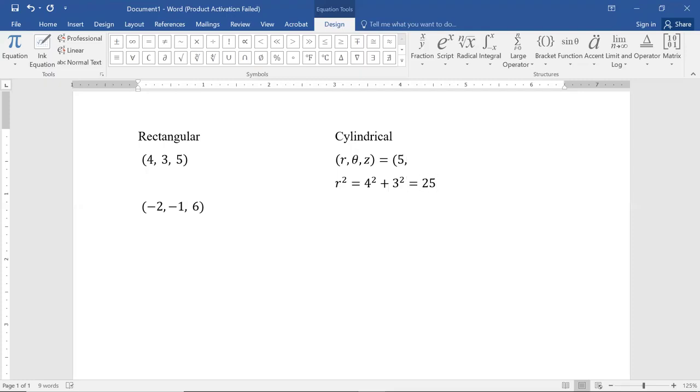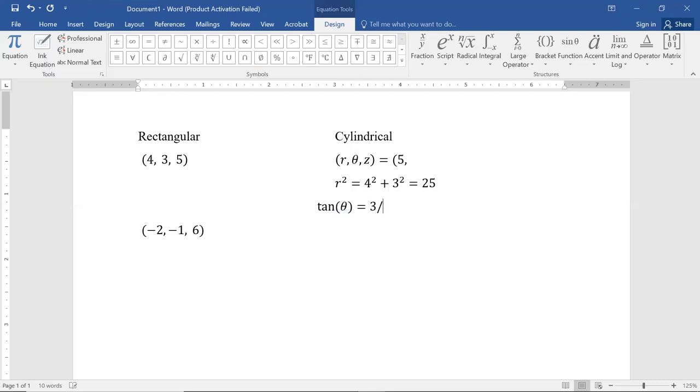Theta is such that tangent of theta is y over x.